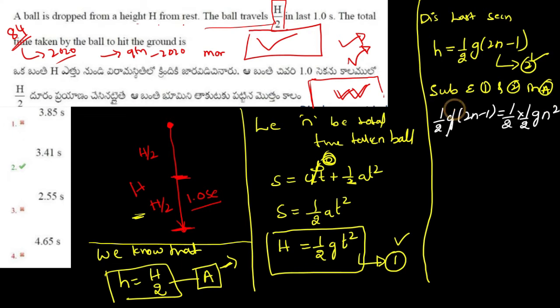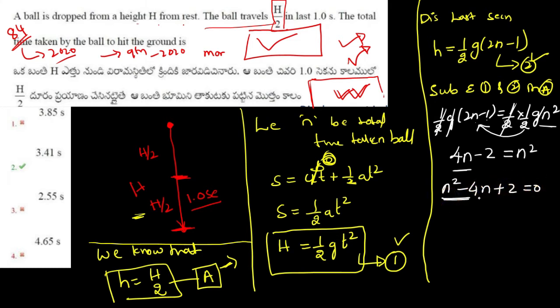If I cancel out this g and the 1 by 2 and 1 by 2, the remaining will be 4n minus 2, which is equal to n square. Taking this 2 to this side, 4n minus 2 equals n square. Now I can rewrite this as n square minus 4n plus 2 equals 0. This is a quadratic equation and it has two roots.